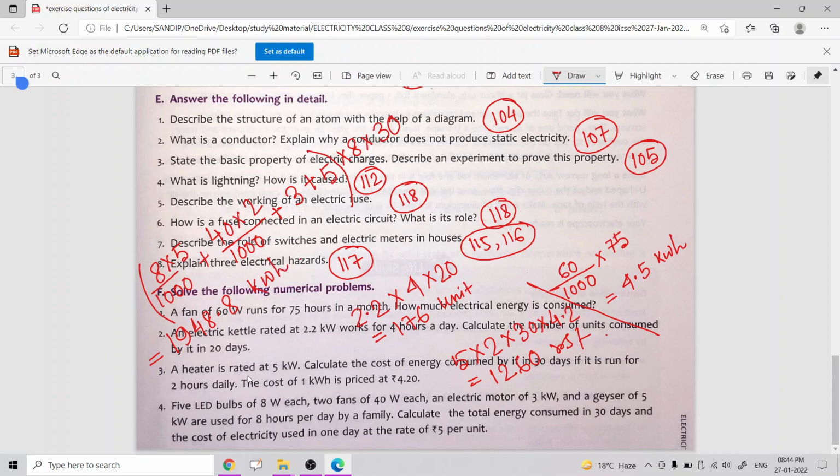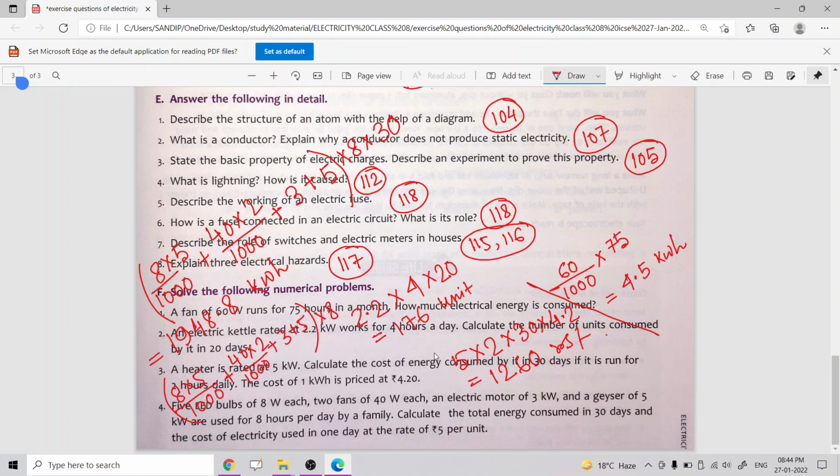And here we also have to find out the cost of electricity used in 1 day, not for the month. So for 1 day, the answer is simply 8 into 5 by 1000, plus 40 into 2 by 1000, plus 3 plus 5, this is all into 8, this is for 1 day.